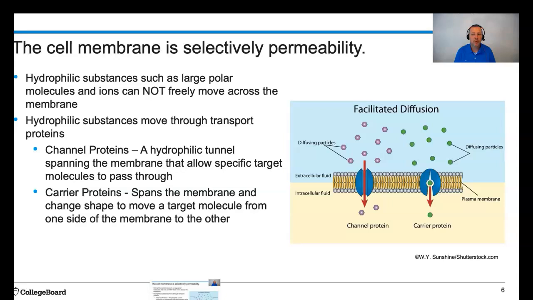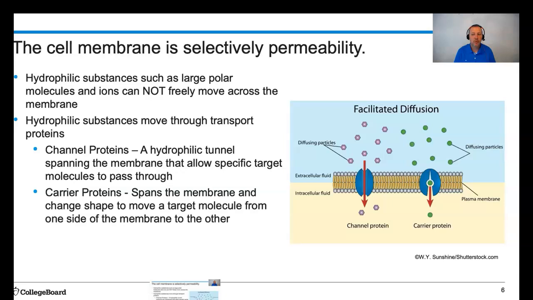You have carrier proteins. What's the difference between a carrier protein and a channel protein? They're both integral proteins, but there is a difference, and you can see that difference on this picture. What is that difference? Right. A channel protein is literally just a channel.